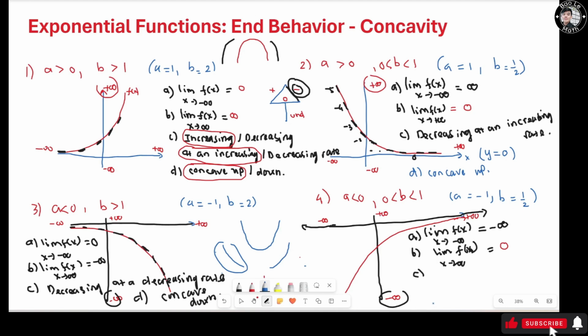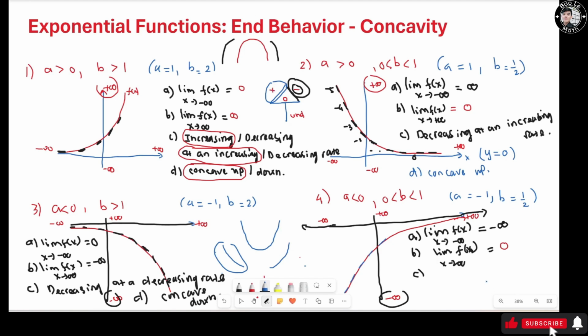Now see, the function is increasing or decreasing at an increasing rate or decreasing rate. So we need to explore that one, right? So we start right here, we see that. Now we start drawing the tangent line right here, right? You see that the tangent line is getting less steep, right? And you see that the tangent line is going this way right here, which means it's positive.